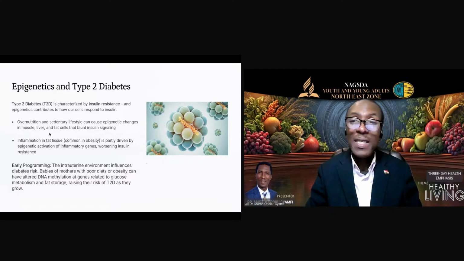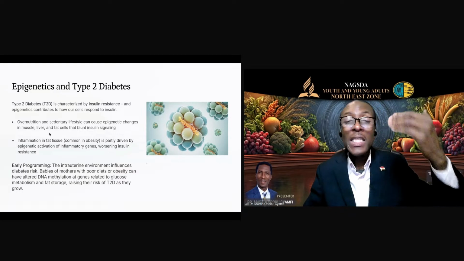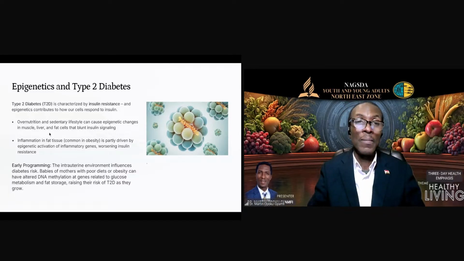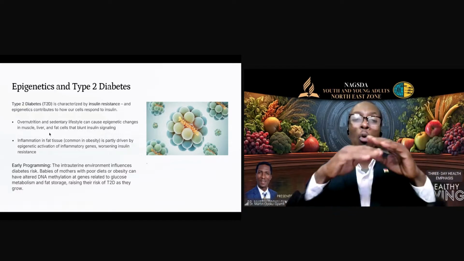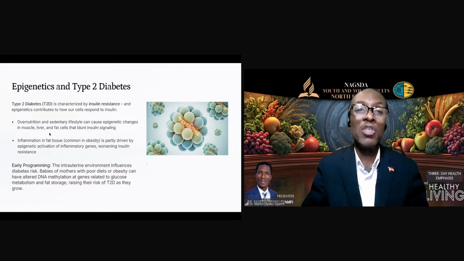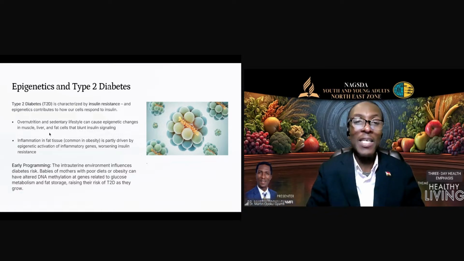Some people like to eat, and if you eat too much, overnutrition creates negative epigenetic tags. Not having any exercise, living a sedentary life, can also cause epigenetic changes in your muscle, in your liver, in your fat cells, and they will blunt the insulin signaling, which leads to insulin resistance, and that leads to diabetes.